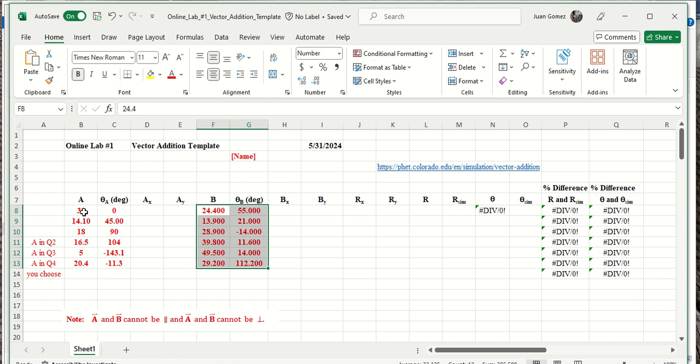So here's the link to the simulation. We're going to open the simulation, and I'll run you through the first one, and that should give you an idea of how to do it.